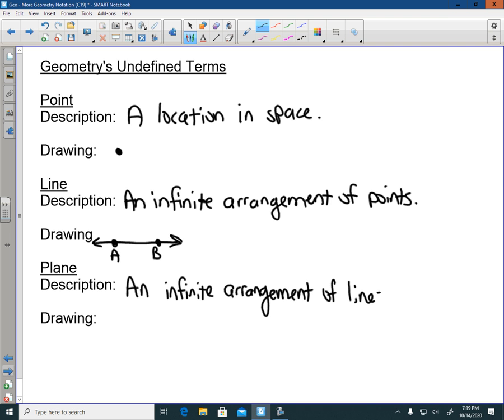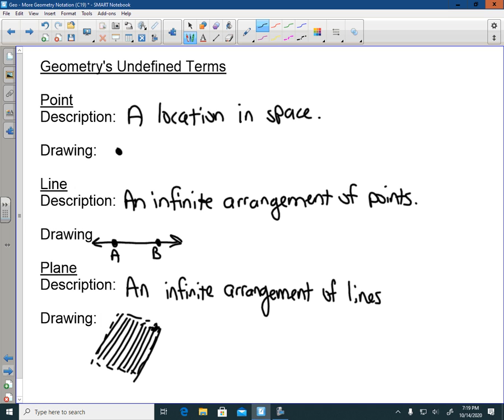Now there's lots of arrangements of lines, and so this isn't a great definition, but it is kind of a neat description, because if we draw that and we take a bunch of lines and we put them next to each other and we understand that they go forever and ever, we might have a plane. So that's how I remember these things.